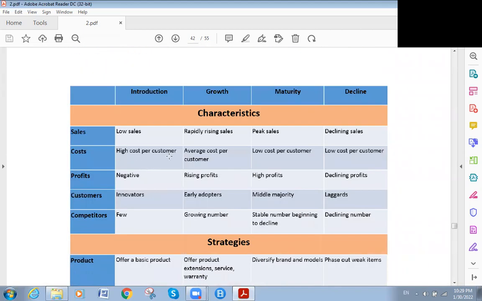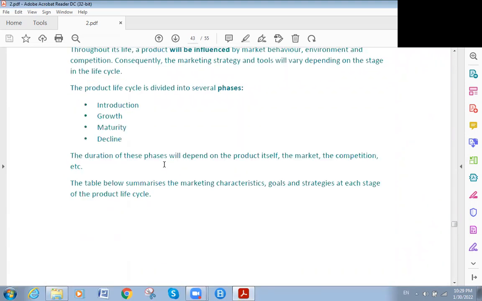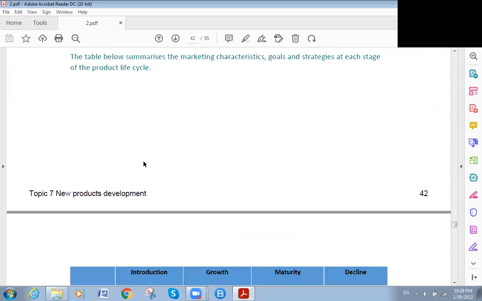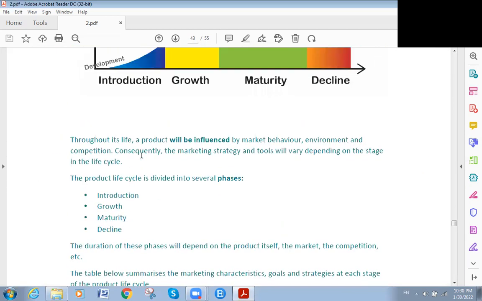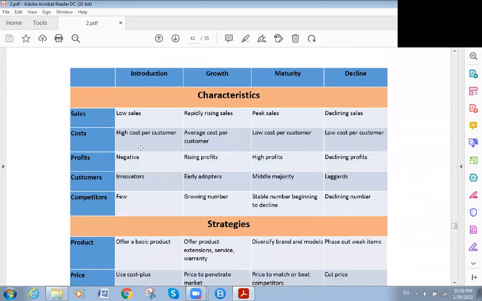High cost per customer, of course, because you don't sell so much, so the cost will be much. The profits are almost negative, or negative. The customers are innovators and the competitors are few in this area in the introduction time.